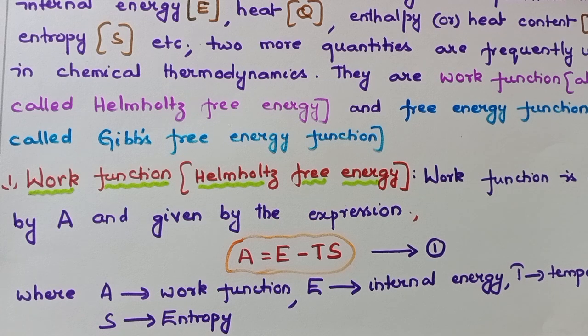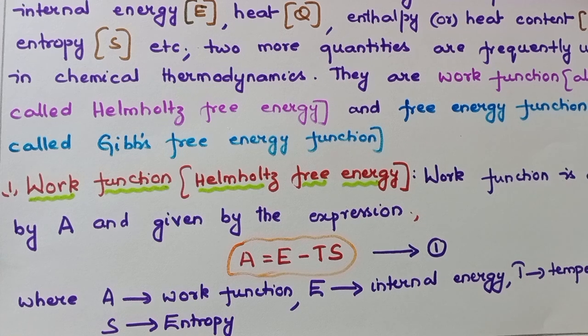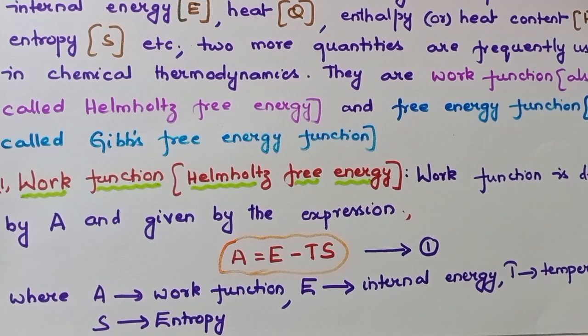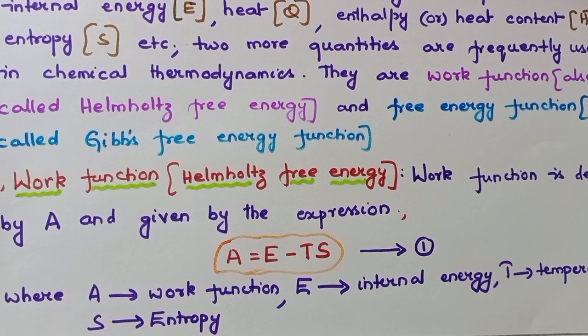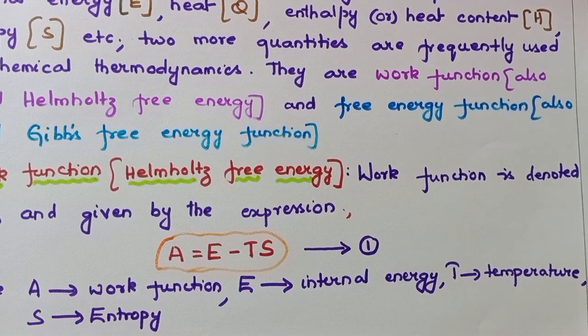So A = E - TS. Mark it as equation number 1 and write down the terms: A, work function; E, internal energy; T, temperature; and S, entropy.